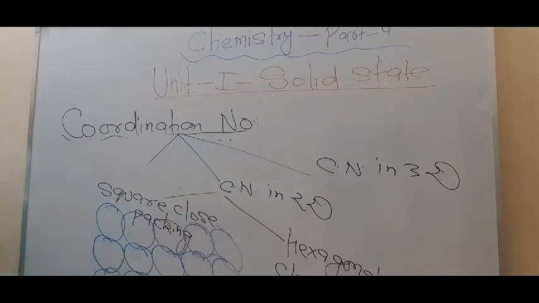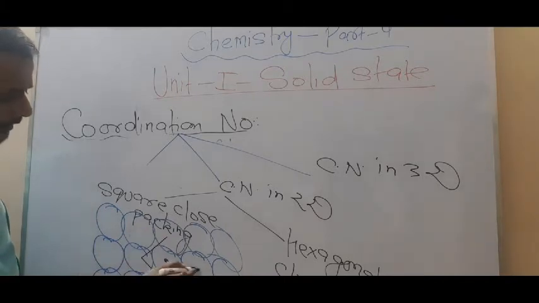Are you getting this point or not? Now look at the conditions. This is the middle sphere, and it is touched by 4 spheres. When the centers of these 4 spheres are joined, you get one square.